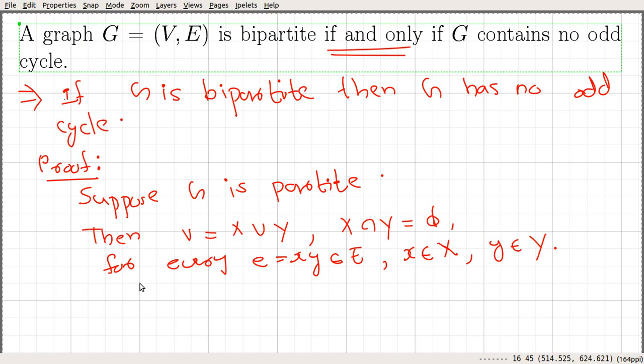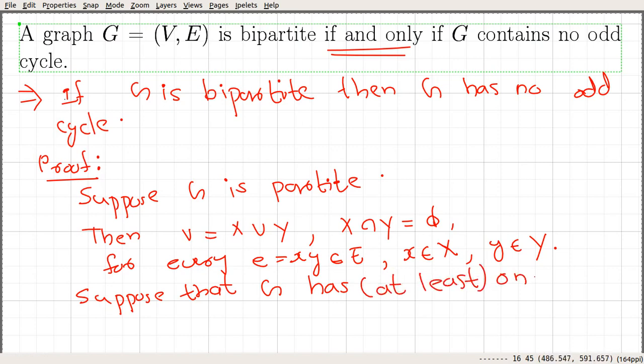Let's prove this statement. The proof is by contradiction. Suppose that G has at least one odd cycle. For obtaining a contradiction, we assume that G has at least one odd cycle, and we will arrive at a contradiction, which says that in order for a graph to be bipartite, G has no odd cycle.